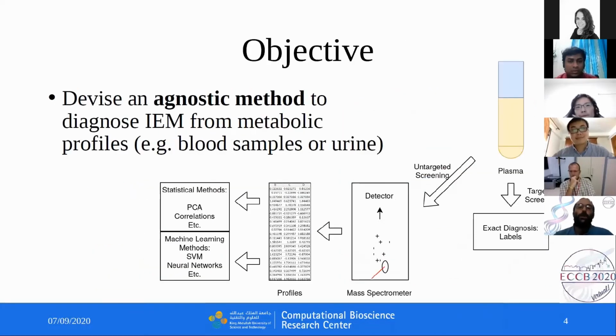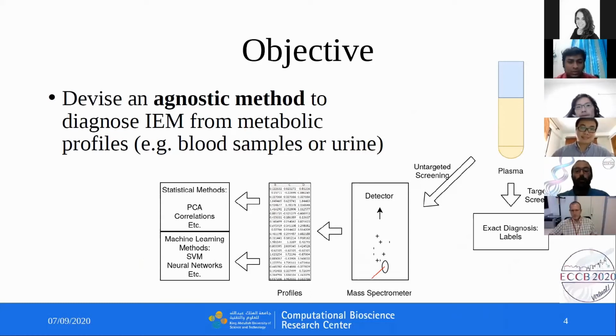Our objective instead is to devise an agnostic method that is not aware of previous knowledge such as biomarkers, but uses untargeted screening, meaning the plasma sample is passed through a mass spectrometer and metabolic profiles are generated. These are usually analyzed with classical statistical methods. Instead, we decided to use a machine learning approach.